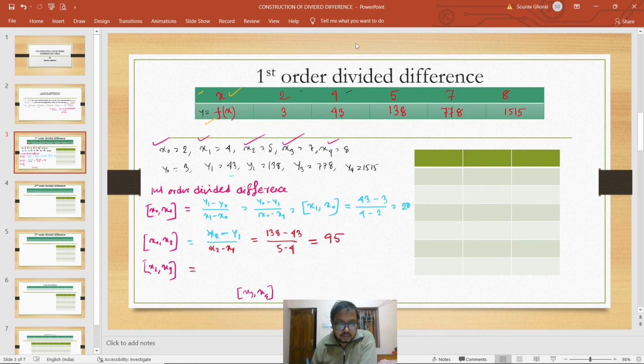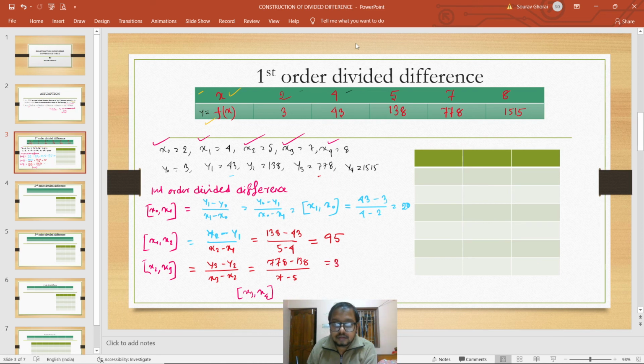Similarly, we have to find [x2, x3], that is (y3 - y2)/(x3 - x2). The value of y3 is 778, minus the value of y2, which is 138, divided by 7 minus 5.